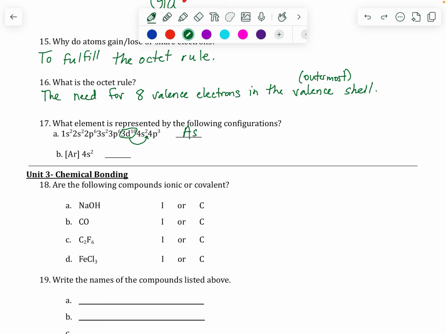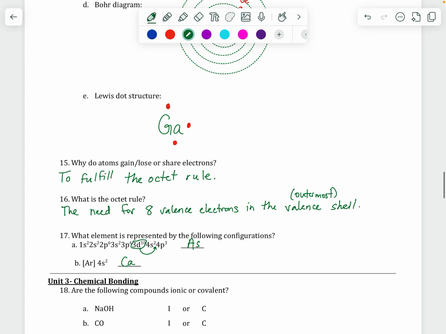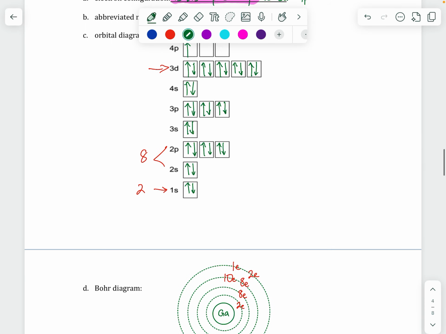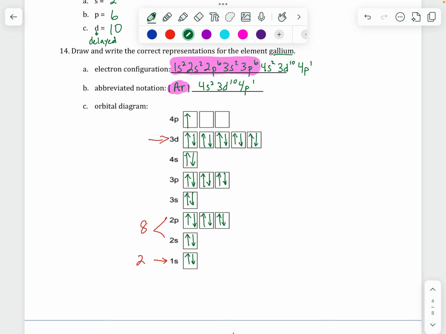But in this case, we are just focused on where this thing ends, because all of the electrons that come previous to it are accounted for. So 4s2, that is going to be on our group 2, the alkaline earth metals, and 4s2 would be calcium.